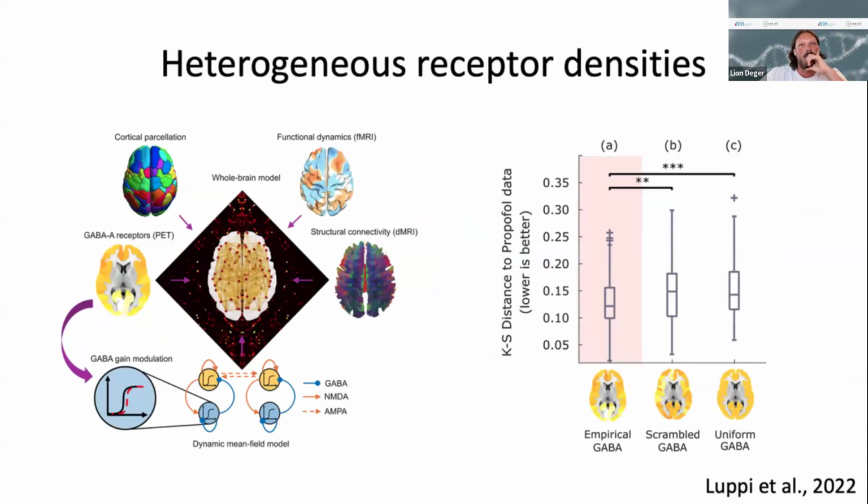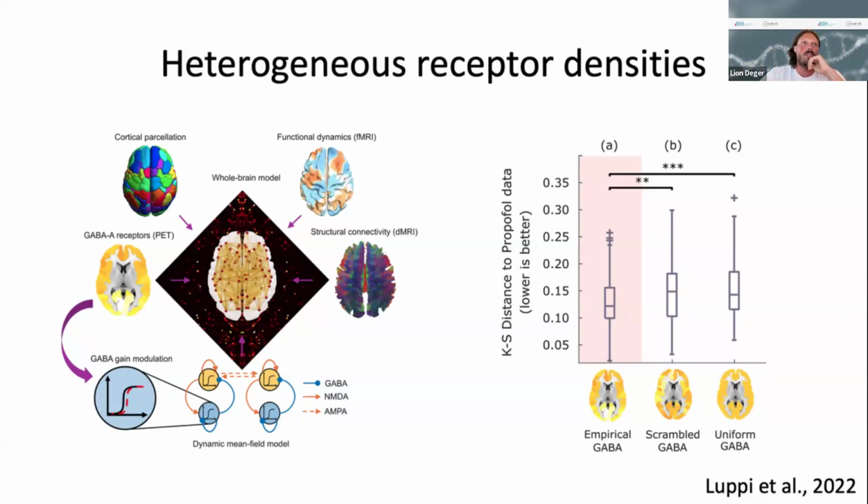First, there's this paper by Lupi et al., where they implemented, instead of homogeneous inhibition to the whole brain, heterogeneous inhibition of cortical regions based on PET data of region-specific receptor density.